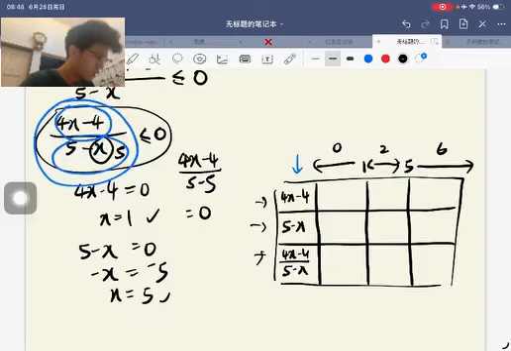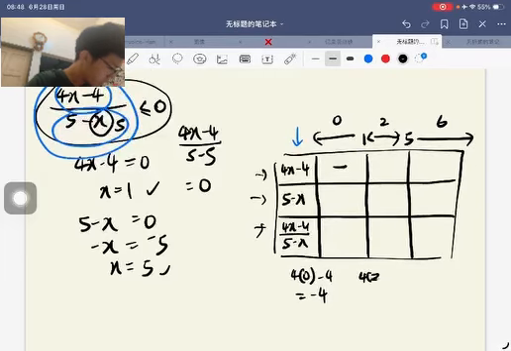So you just simply sub the value inside every expression. So 4 times 0 minus 4 equal to minus 4, so I put a negative sign here. For this, 4 times 2 minus 4 equal to 4, so it's positive. For this, 4 times 6 minus 4 is equal to 20, so it is positive.